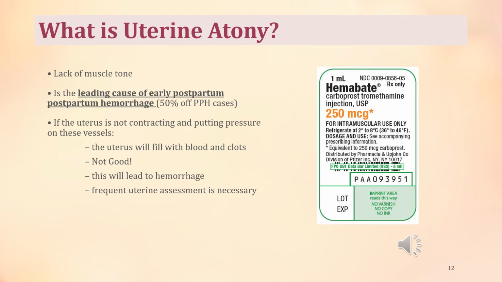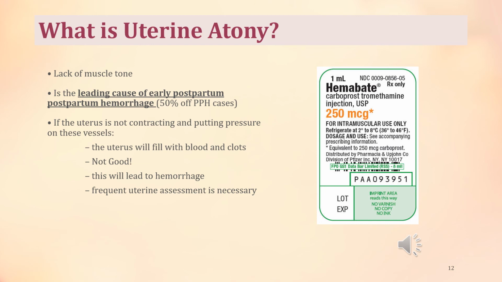So what is uterine atony and why is it important? Just looking at the word, a is none and tone has to do with the musculature, so there's no tone to that uterus.